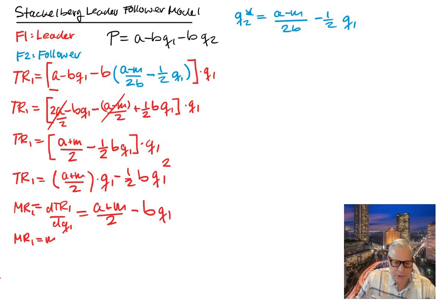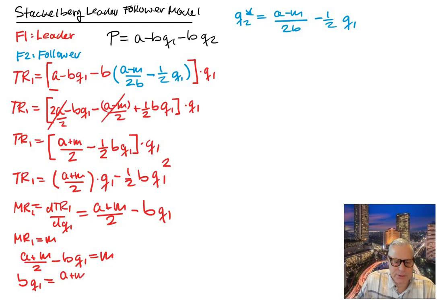So MR1 equals M. So now we can write (A plus M) over 2 minus BQ1 equals M. Okay, so then we can put B Q1 on one side, and then we get (A plus M) over 2, and then I subtract 1M, but I'll just multiply that times 1, so then I get 2M, and I have a common denominator, minus 2M. So then we get (A minus M) over 2.